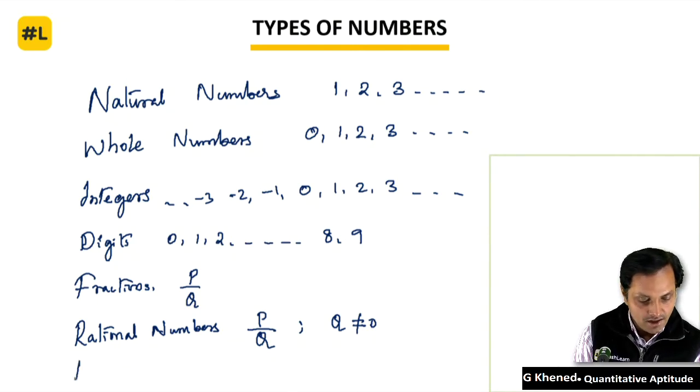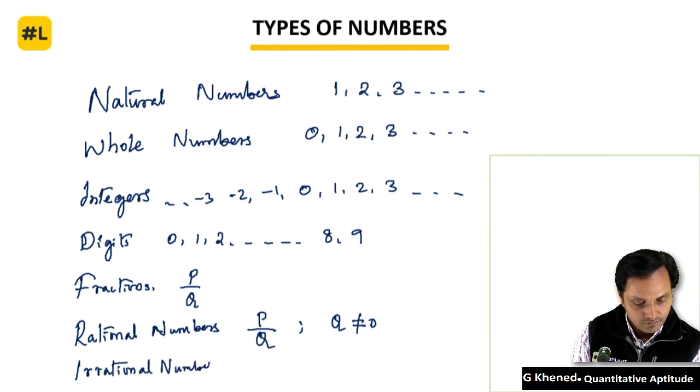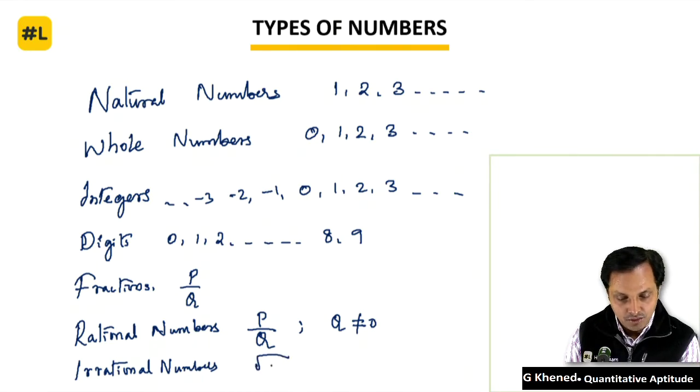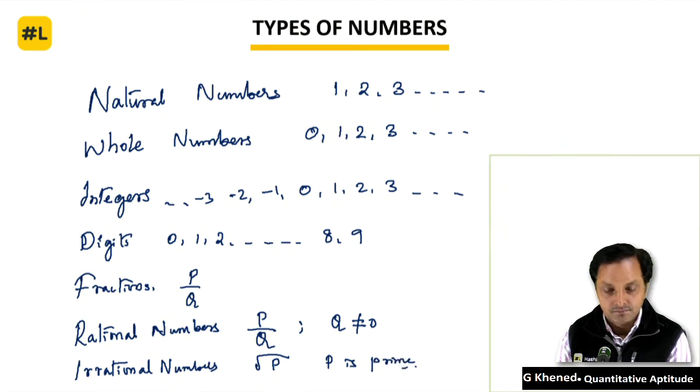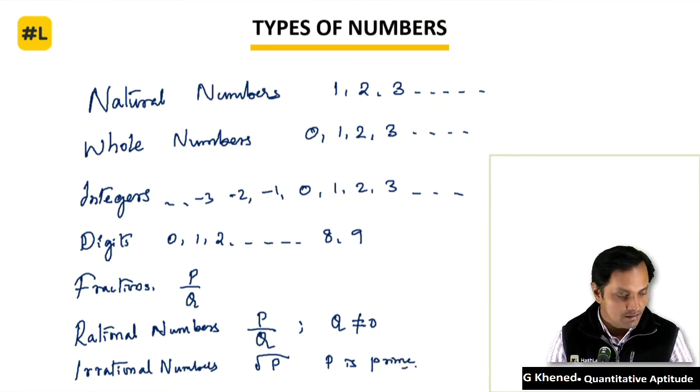And you have irrational numbers. Which is root of prime, is your irrational numbers.